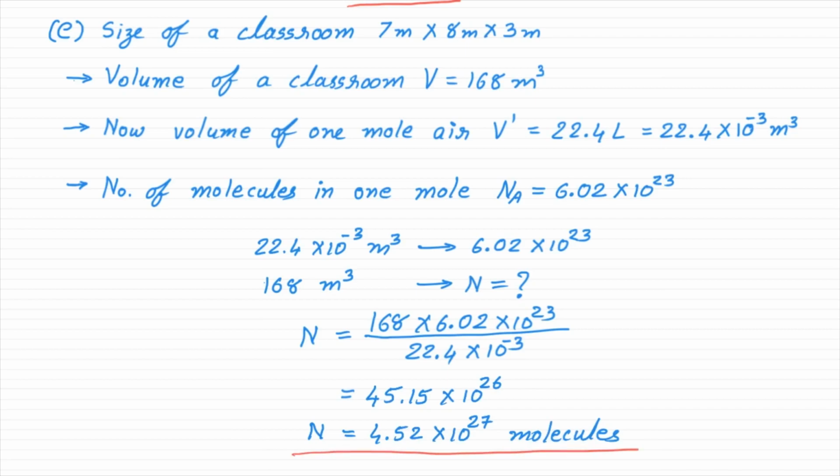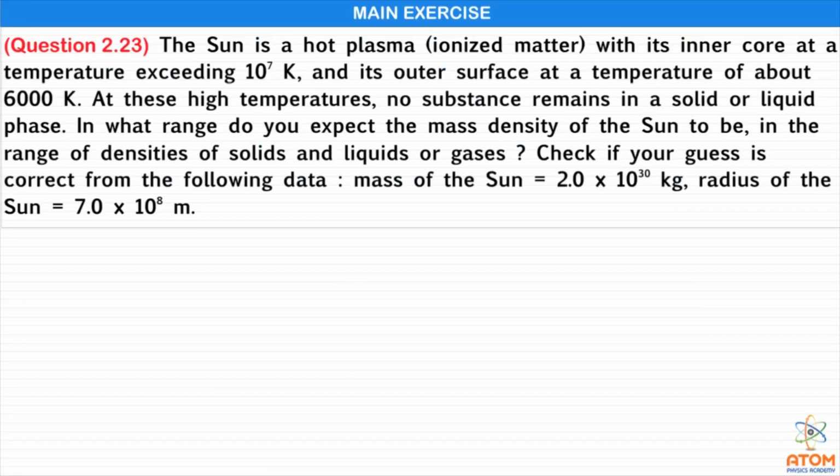Here is our answer. Now question 2.23. The sun is a hot plasma, that is ionized matter, with its inner core at a temperature exceeding 10 raised to 7 Kelvin and its outer surface at a temperature of about 6000 Kelvin. At these high temperatures, no substance remains in a solid or liquid phase.